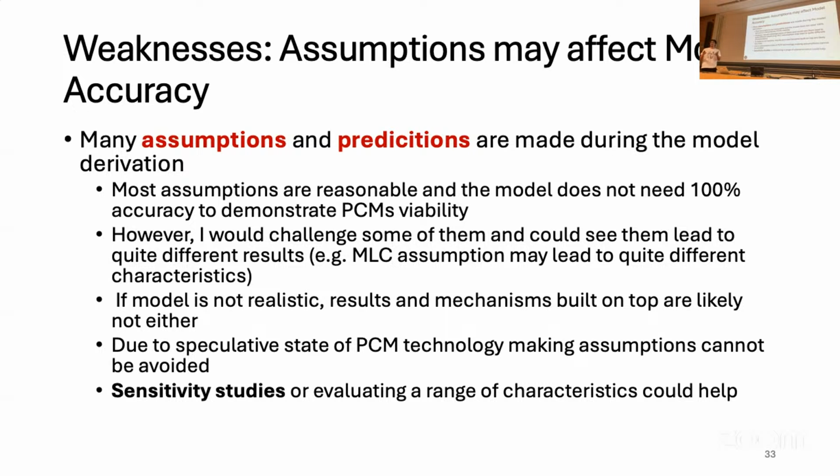So right now, what we know after this paper is that if you have 48 nanoseconds read latency and 150 nanoseconds write latency, you get these results. If we had results like, oh, as long as your latency is in this range, we are competitive, then it gives more insight as well, and it would also make some of my doubts about the model kind of irrelevant, because now, even if it's not quite accurate, as long as it's in this range, we are good.